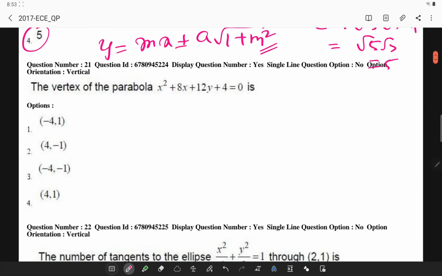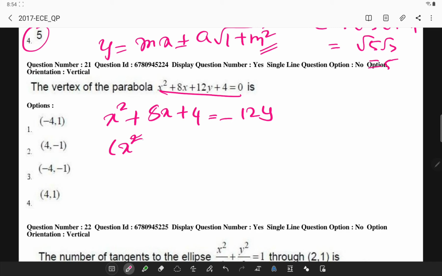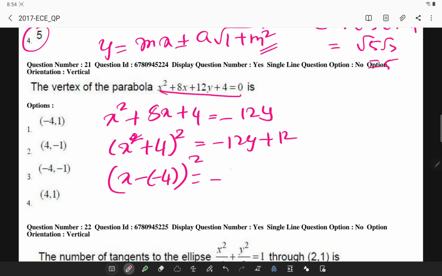Next, what is the vertex of the parabola? I have a parabola equation, so I have to rearrange the terms. x square plus 8x plus 4 is equal to minus 12y. I will add numbers in such a way that x plus 4 whole square is equal to minus 12y plus 12, or x minus of minus 4 whole square is minus 12 into y minus 1.